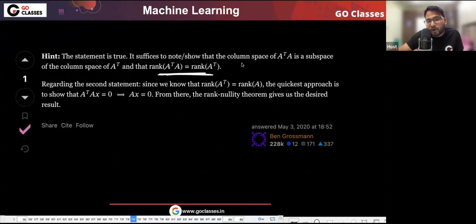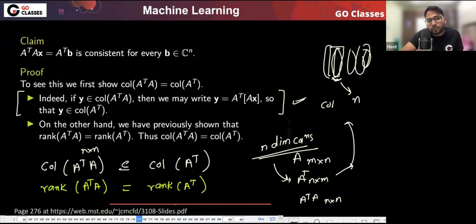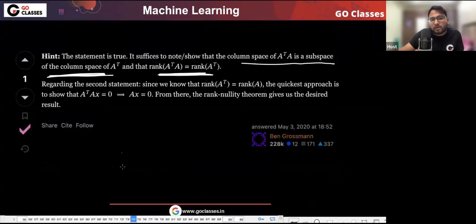Basically, they are saying the column space of A transpose is a subspace. This is the first fact and the second fact. Using these two facts, you can prove that the column space is also the same. Column space is not just a subspace; it is actually the same. So using these two claims, you can show that the column space is actually the same. These are the three screenshots of the proof.